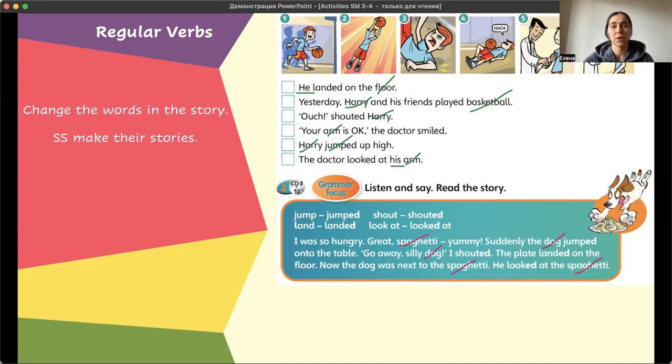She landed on the grass and ouch, shouted Mary. She went to the doctor. The doctor looked at her arm or leg or something, yes, and you're okay. The doctor smiles. So something like this. So I make the story, they understand that they need to change the words, and I ask them to work individually, and we spend like 10 or 12 minutes on this, but they really like it.